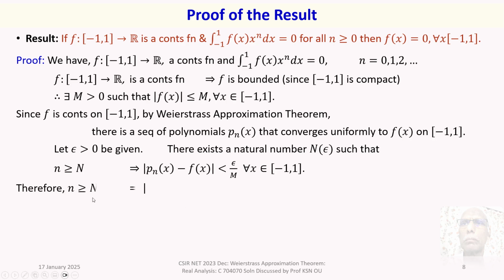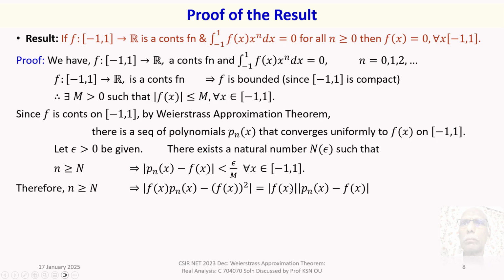Therefore, for n greater than or equal to N, mod of f(x) into p_n(x) minus f(x) squared, f(x) can be taken common. So mod of f(x) into (p_n(x) minus f(x)) is equal to mod of f(x) into mod of p_n(x) minus f(x).